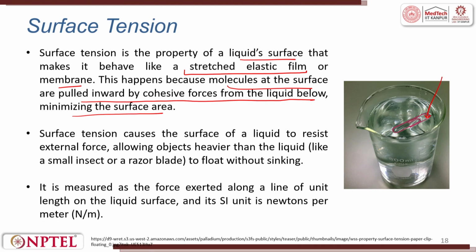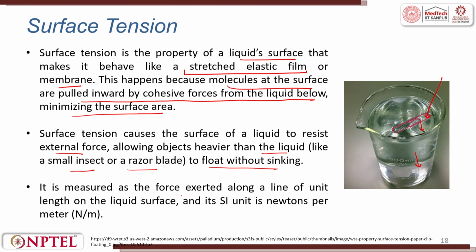If you make the clip completely dip into the liquid or this water, it will sink. Because of surface tension, it does not sink. Surface tension causes the surface of liquid to resist external forces, allowing objects heavier than liquid, like a small insect or a razor blade, to float without sinking. It is just because of surface tension that a lot of objects float on liquid bodies.